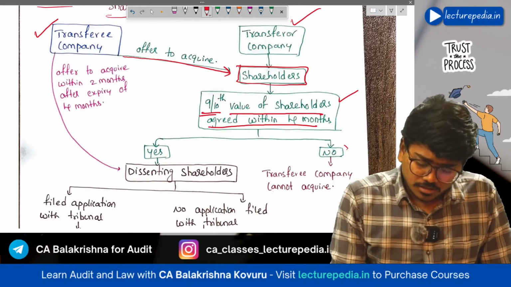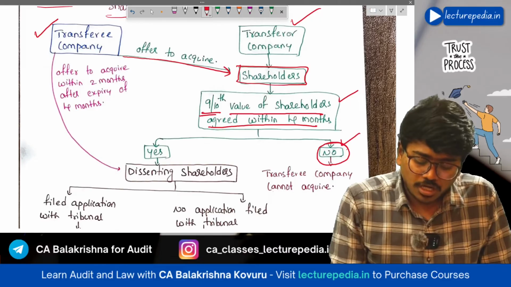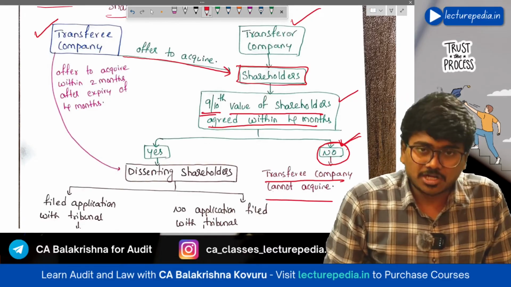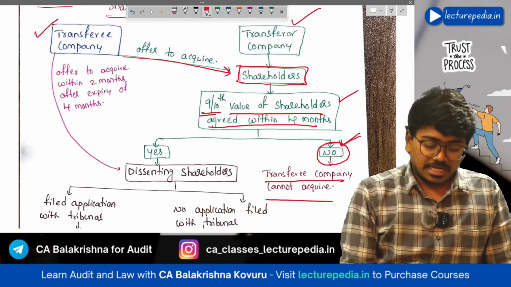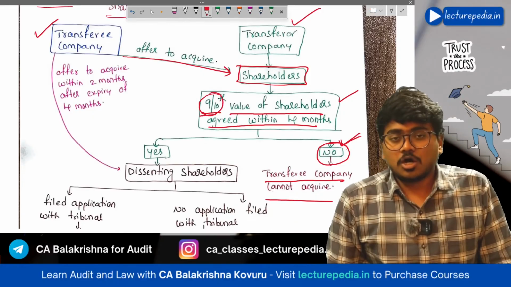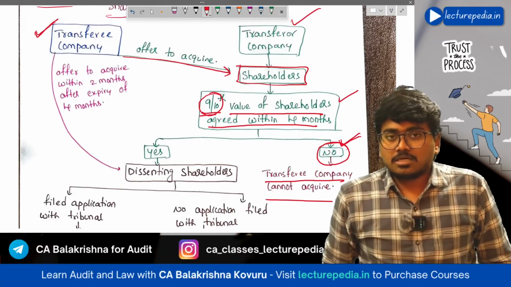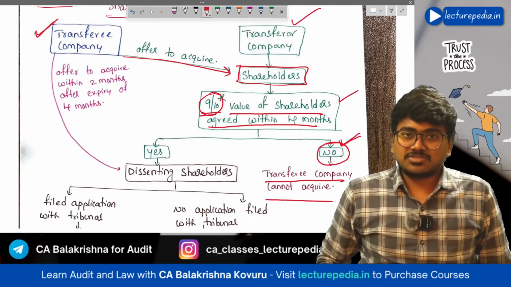If this many shareholders are not ready, in such a situation the transferee company cannot acquire. Since 9/10 of the value of shareholders are not ready to sell the shares, the transferee company cannot take over the transferor company.